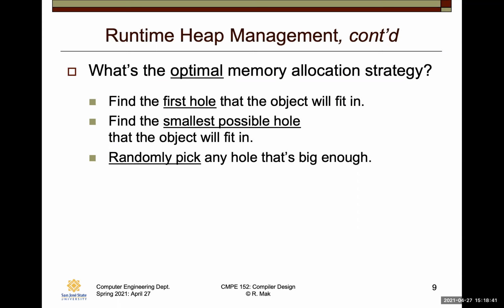There are even a few more algorithms, but these are some of the algorithms that the heap manager can use when you ask it to allocate memory for a new object.